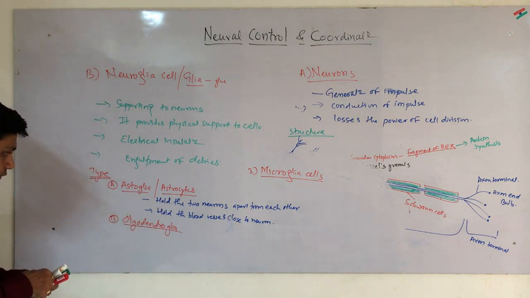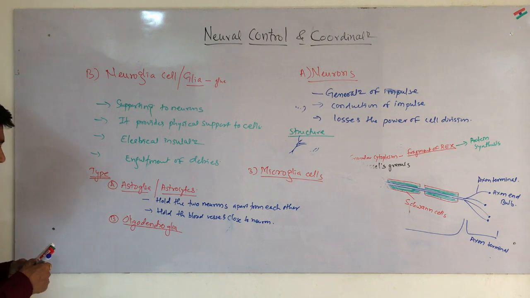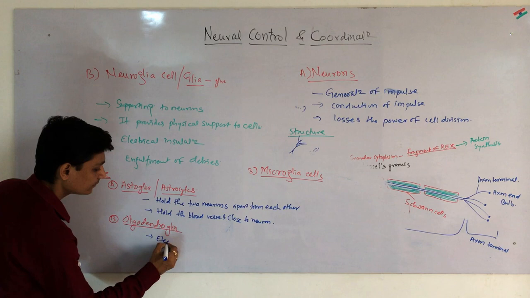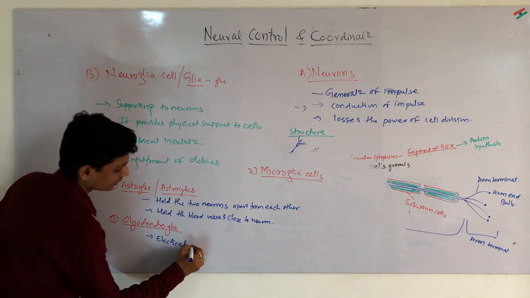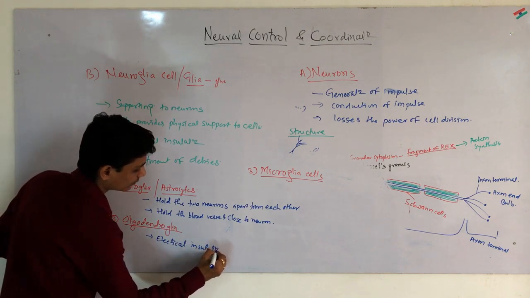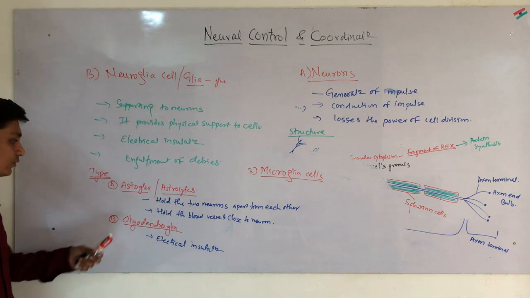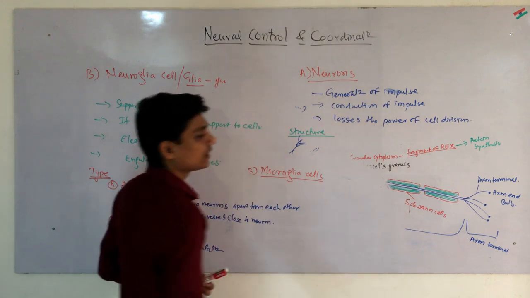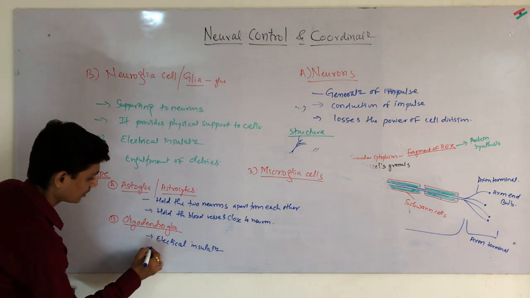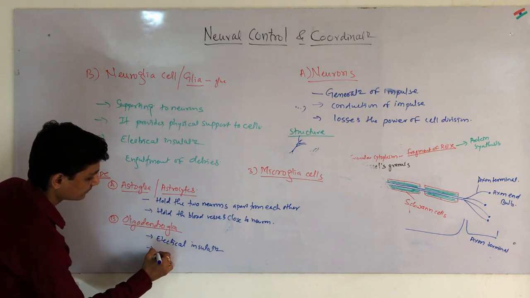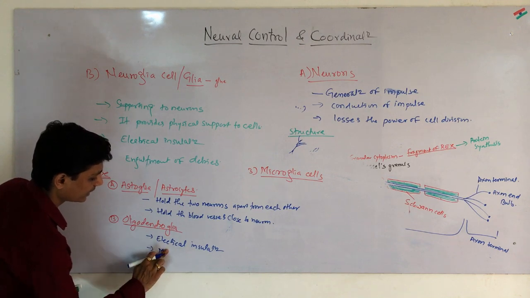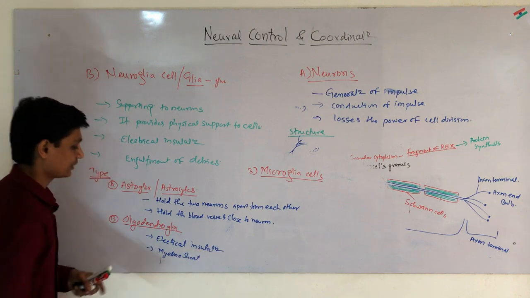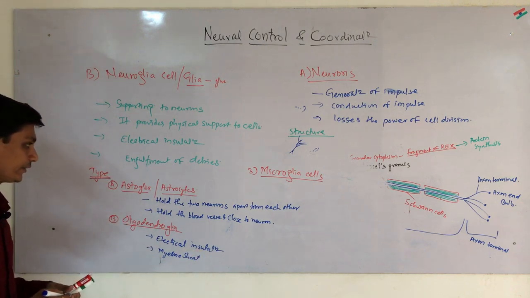Second, that is oligodendroglia. This oligodendroglia has the ability of electrical insulation, and as we know, electrical insulation is done by myelin sheath, which is secreted by the Schwann cells. Myelin sheath secretion is done by this oligodendroglia.